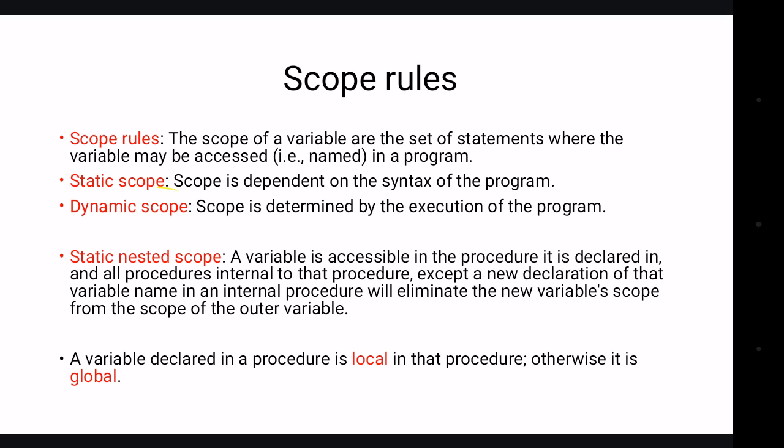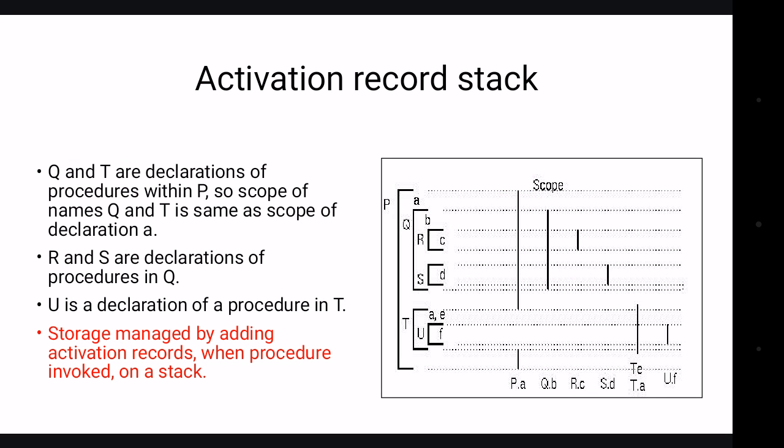We have static scope, dynamic scope, static nested scope, and the rest. Now in this diagram Q and T are declarations of procedures within P. So the scope of the names Q and T is the same as the scope of the declaration of the variable A. R and S are declarations of procedures in Q. And U is a declaration of a procedure in T. This we can notice from these lines here.